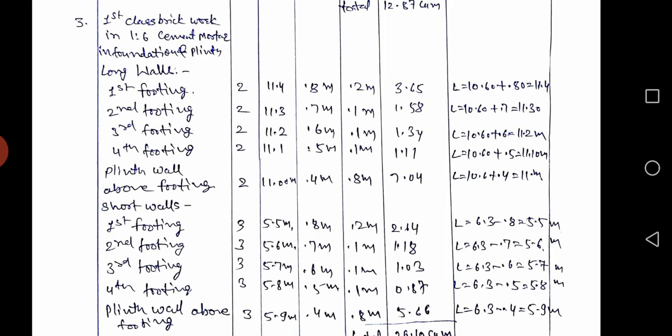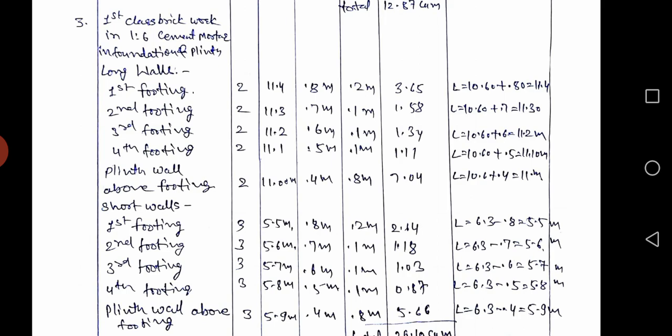Length is 10.6 plus 0.6, that is 11.2 meter, 0.6 meter width, 0.1 meter height or depth, and total is 1.34 cubic meter. Then the fourth footing, number is 2. Length equal to 10.6 plus 0.5, that is 11.1 meter, width 0.5, height or depth 0.1, and total is 1.1 cubic meter.